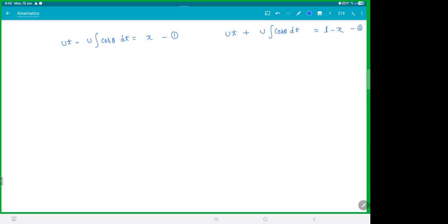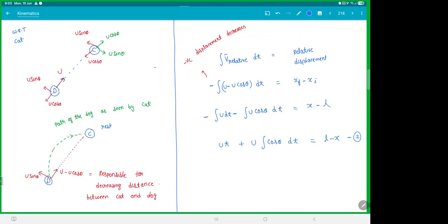Add the equations 1 plus 2. If you add them, this guy and this guy will cancel. Wait, I messed up something with a minus sign. This was plus, this was minus. And then you sent a minus sign that side.